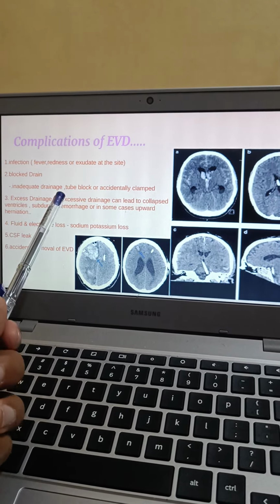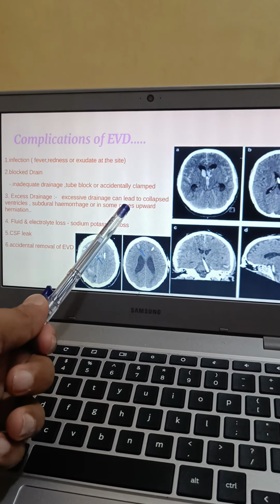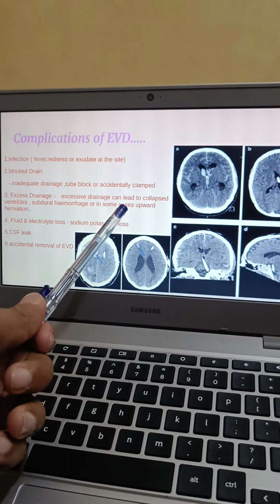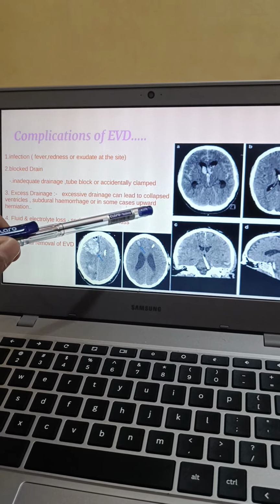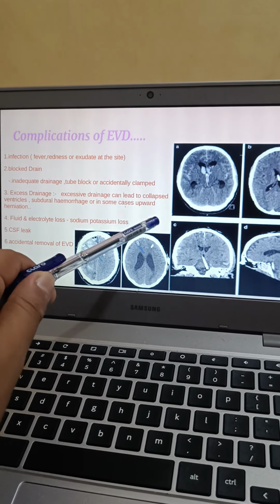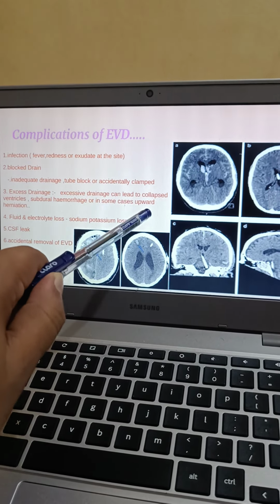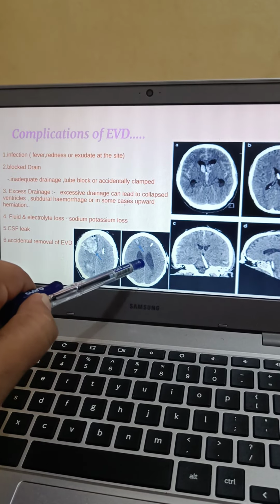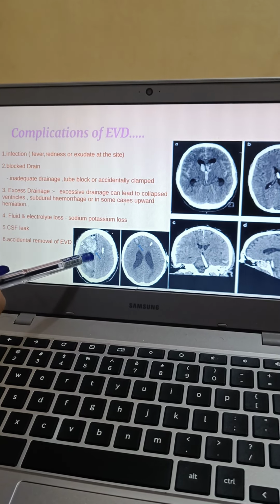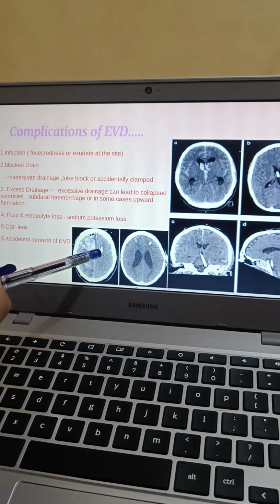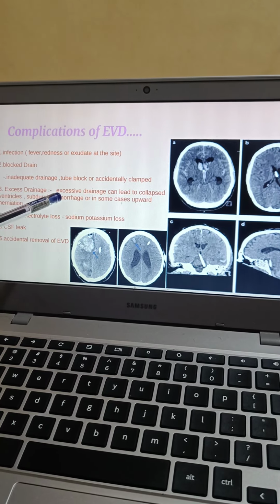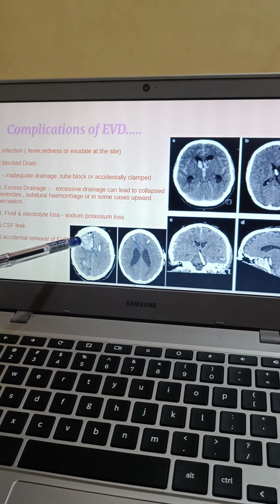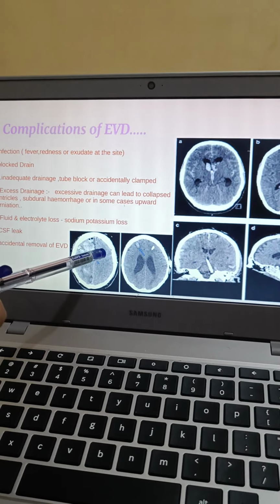The lateral ventricles get twisted like this. You can see the malpositioning in this ventricle because of excess drainage, and you can see the subdural hemorrhage.